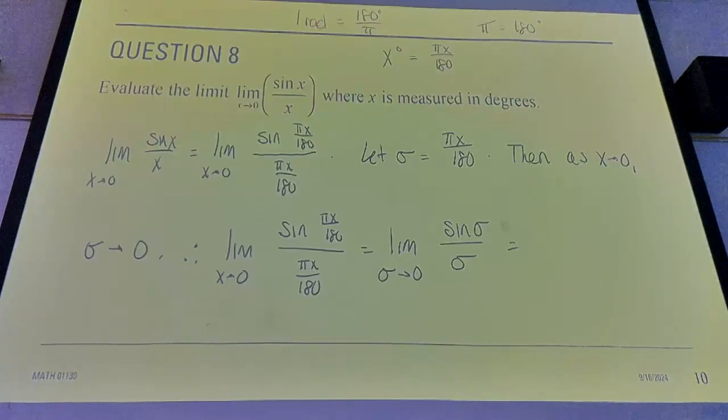Well, if that's in radians, that's just 1. Sigma is in radians, isn't it? Yes. Which makes sense. It should still be that 0 degrees is the same as 0 radians, so it better be the same, right? I'm actually just going to double check that. I left my notes at home.